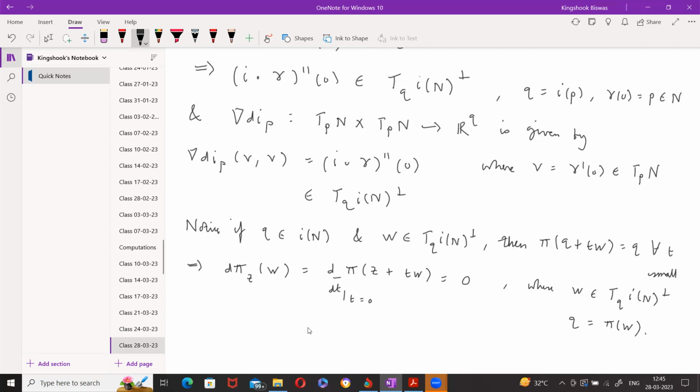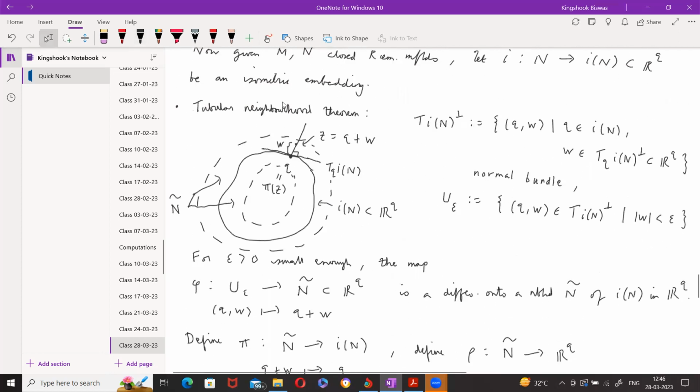So this tells me that the projection maps the orthogonal direction to 0, the derivative of the projection. You can see that in the picture here. In the orthogonal direction, this map is constant, so the derivative maps the orthogonal direction to 0.